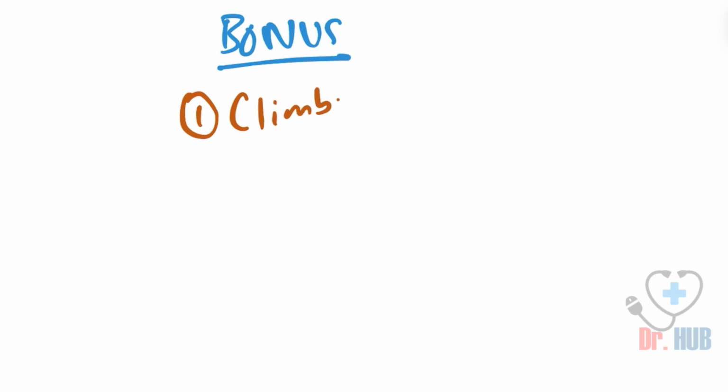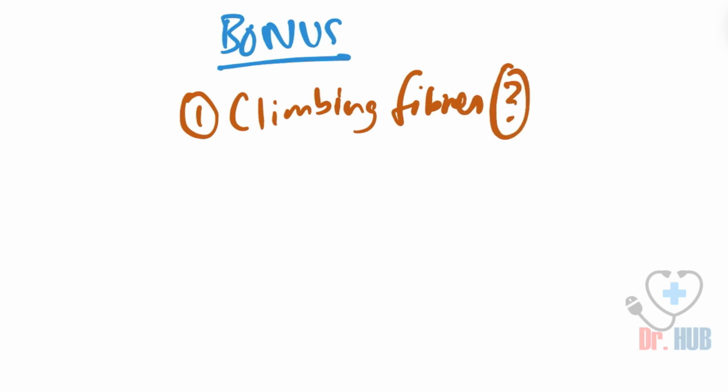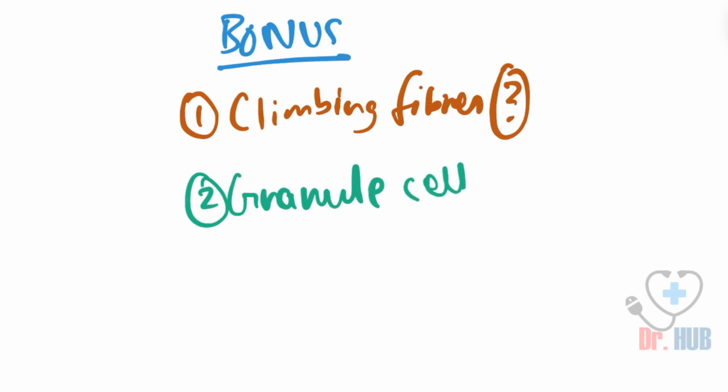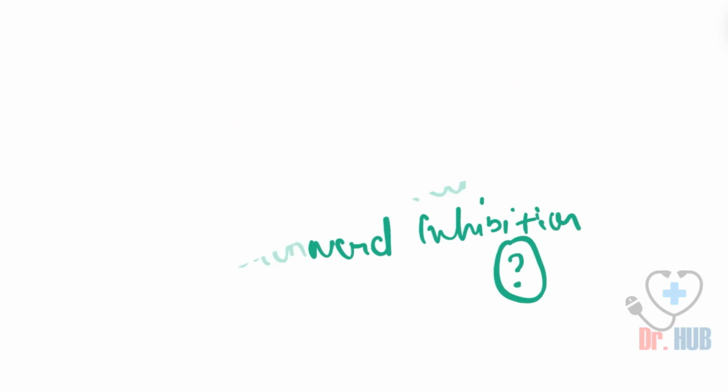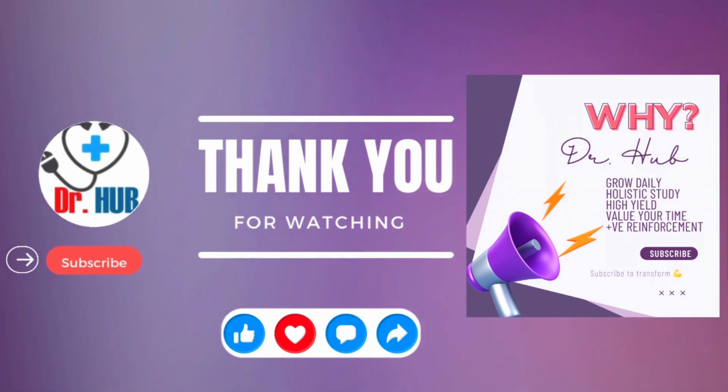The next question: what is the granule cell backward inhibition, and what is this intrinsic component done by? You can give these answers in the comment section.